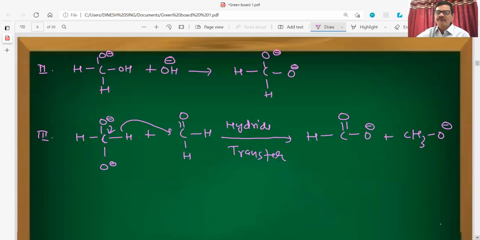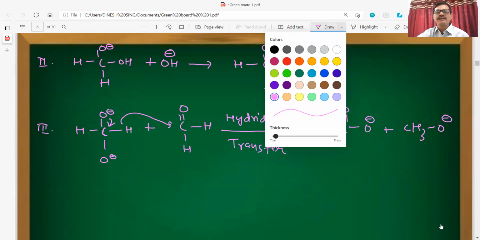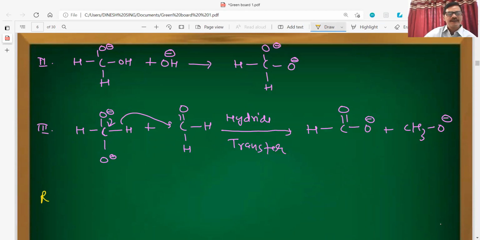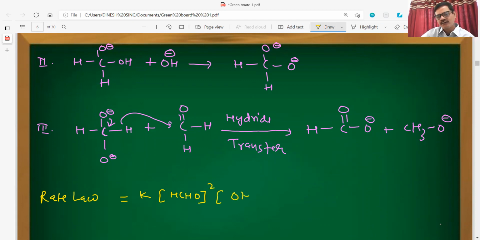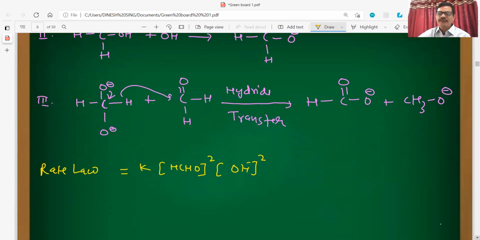If we talk about the rate of reaction, it depends upon the rate law. Rate equals K into concentration of formaldehyde or aldehyde whole square into concentration of alkali whole square. That's why it follows fourth order kinetics.